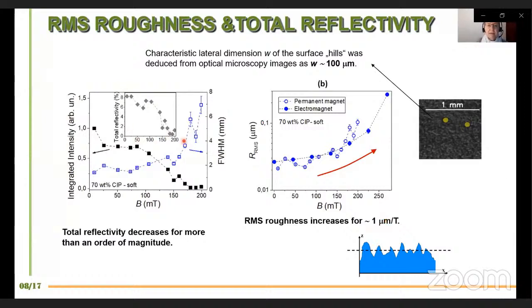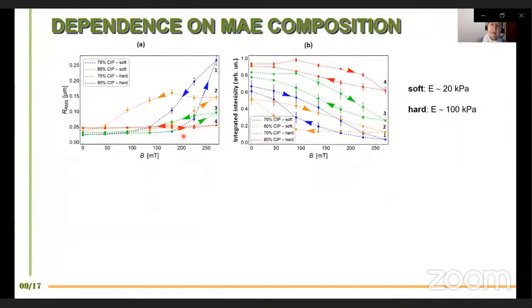Another interesting property is that the total reflectivity of this material also decreases by increasing the magnetic field. In the beginning, we have mainly the PDMS surface, so we get about 8% reflectivity, but when we increase the magnetic field, the total reflectivity drops below 1%.